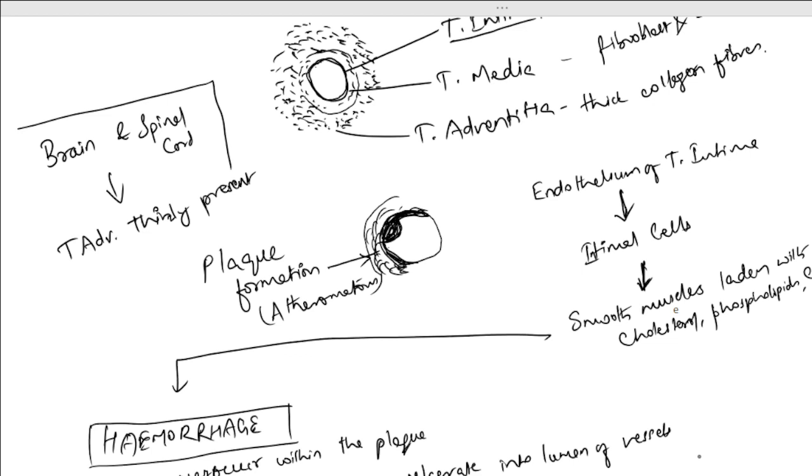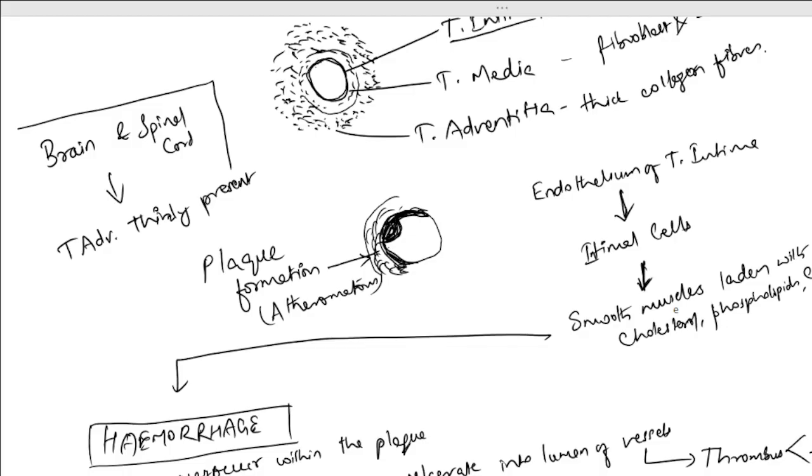What will it form? Obviously, thrombus. So the thrombus has formed, and it will obviously block the vessel. This is how it causes the block, occludes the vessel. Here there is a plaque formation.